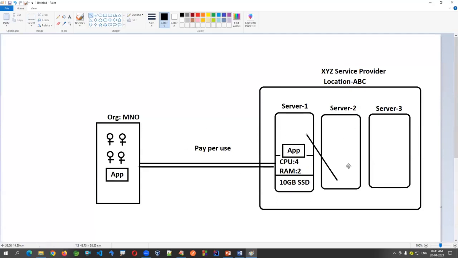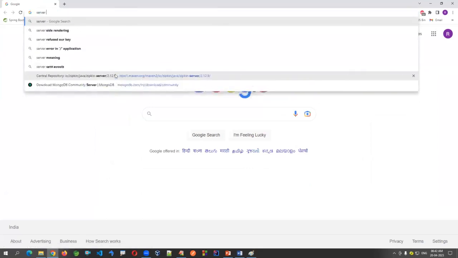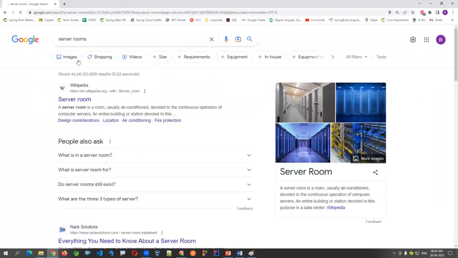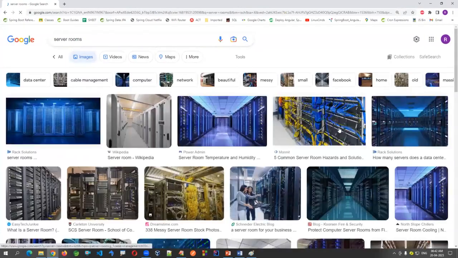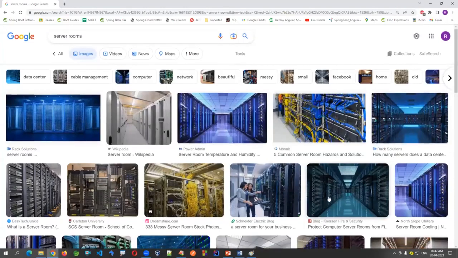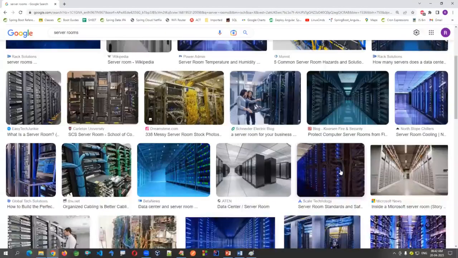An organization has to maintain the servers, but the servers are very costly. Sometimes you can search in Google for the Google server rooms. These are the server rooms: physical wires, cables, all completely hardware configuration. Millions and billions of dollars are going to cost here.